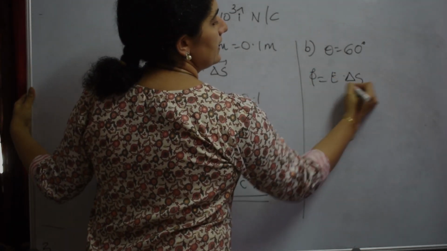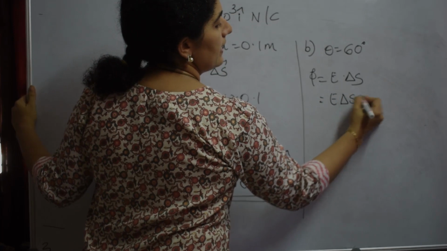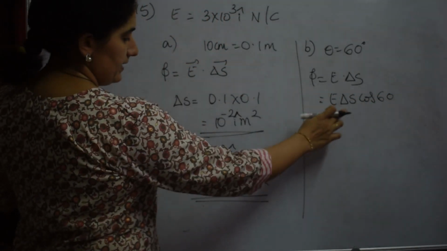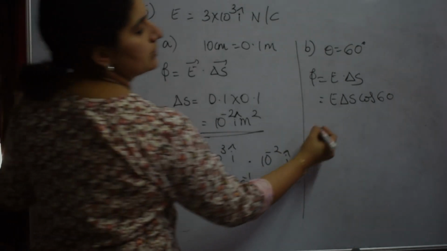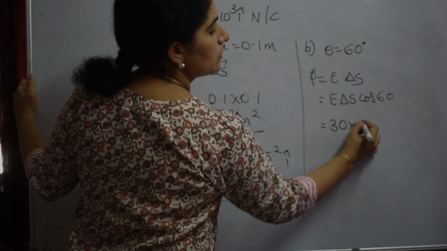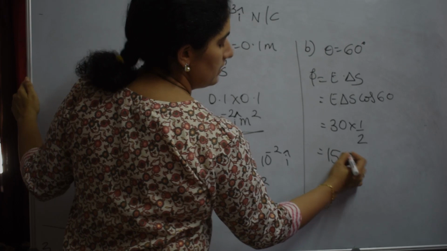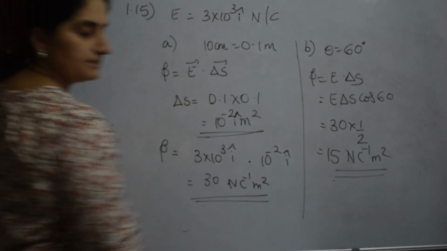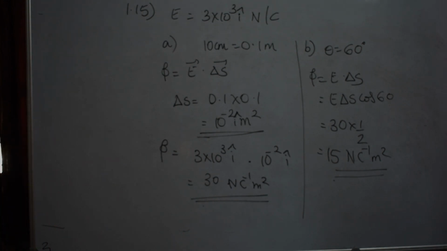E dot delta S is E delta S cos 60. Cos 60 is half. So you have 30 into half, it is 15 Newton meter square per Coulomb. So this is regarding exercise 1.15.